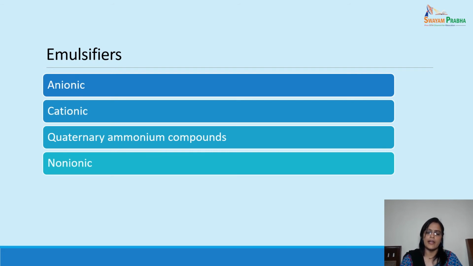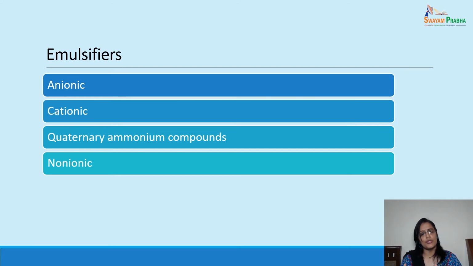Anionic, cationic and non-ionic is the classification of emulsifying agents. I request all the dear students to remember this classification and the examples, because you are going to answer them in emulsions, in cream preparations, and in cosmetic preparations.